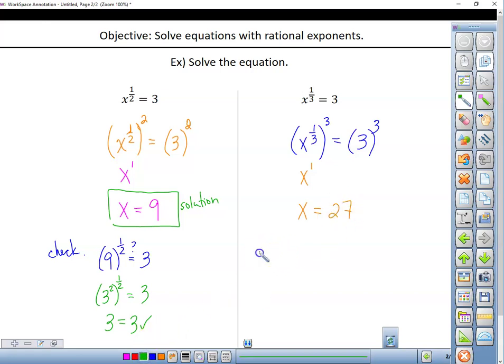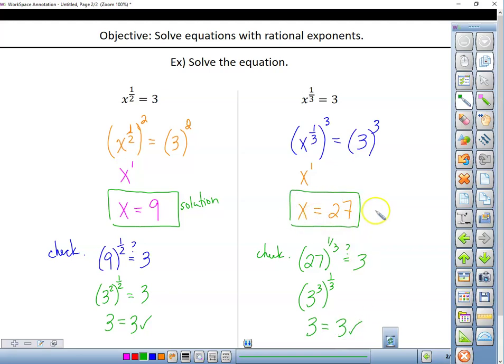And then checking that, again, we can check either by changing this to a cube root if you would like to, but you can also check it by rewriting 27 as a power. In this case, it would be 3 to the 3rd power. So you're looking to see, is that going to be 3 to the 3rd power to the 1/3 power? 3 times a third is 1. 3 to the first power is 3. So you get 3 equals 3. And that makes 27 a valid solution.